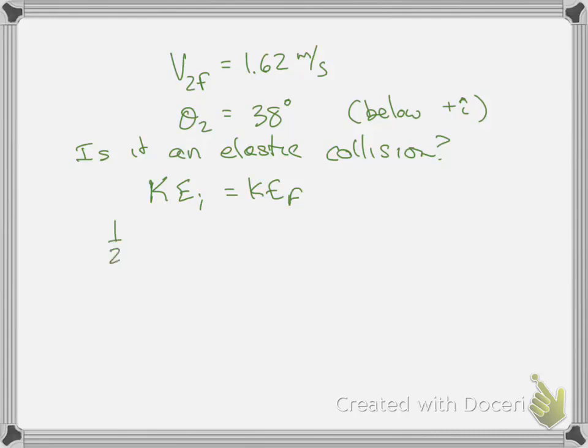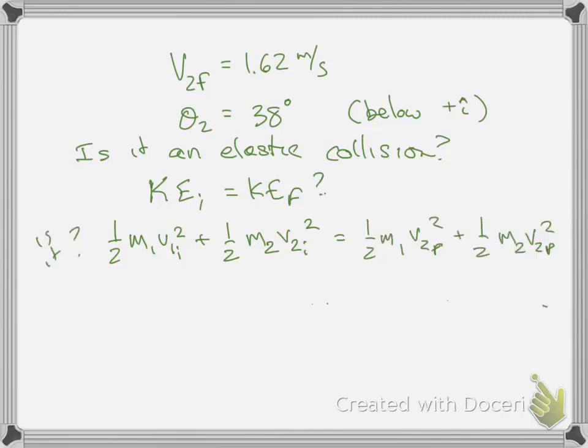So that means 1/2 m1 v1 squared plus 1/2 m2 v2 initial squared. If it's elastic, those 2 energies are equal to each other.